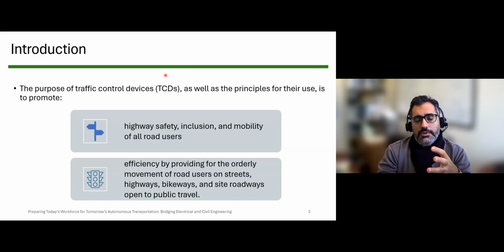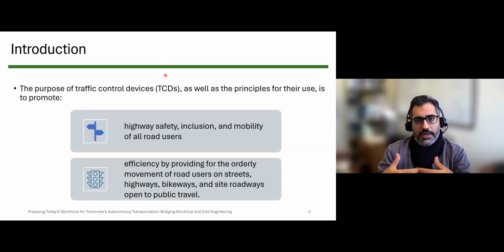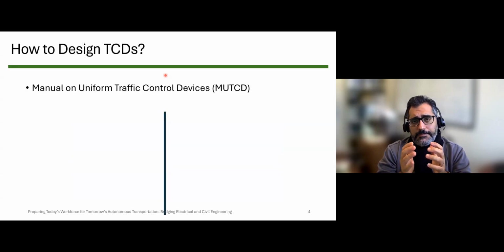So we are first going to promote safety and inclusion and mobility for all road users. And second, we are going to promote efficiency by providing orderly movements for different road users in different locations.